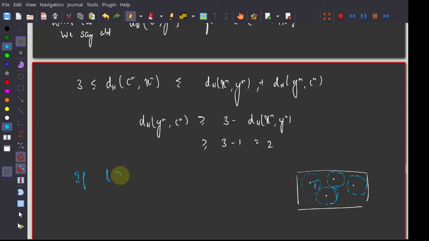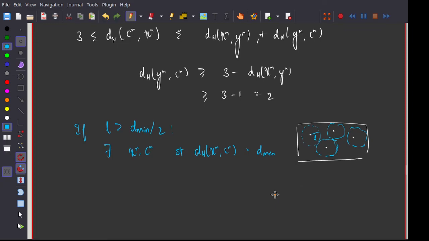So if L is greater than d min by 2, let's take 2 points. You know that there exists some xn and cn such that the Hamming distance between xn and cn is exactly equal to d min, because by definition there should be at least one pair which are separated by d min.